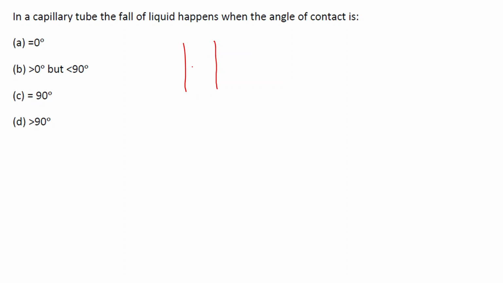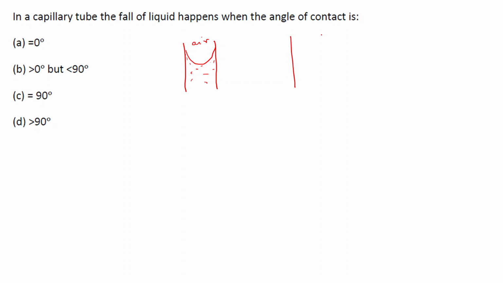Imagine this is a capillary tube, and there are two ways the liquid can rise in it. Either the liquid rises and makes a concave shape, where this is the liquid and this is the atmosphere or the air. So this is called concave.